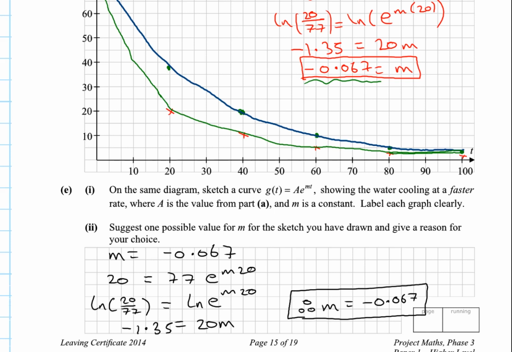And that's your answer for that. Nothing too tricky there really.